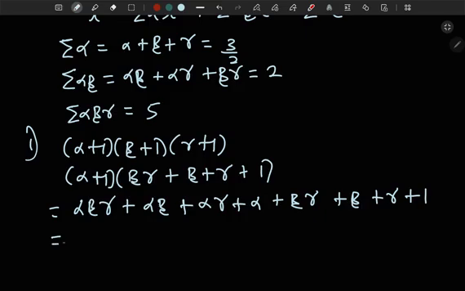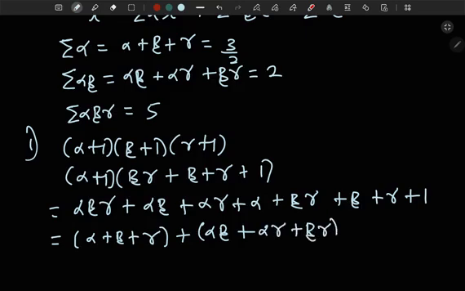So when you take your time to simplify this very well, you're going to have alpha plus beta plus gamma, which is the sum of the roots, then followed by the sum of the pairs of the roots, which is alpha beta, alpha gamma, then beta gamma. And the last one is going to be the product of the roots, alpha beta gamma.